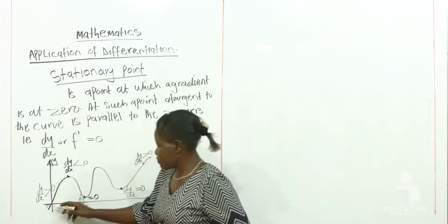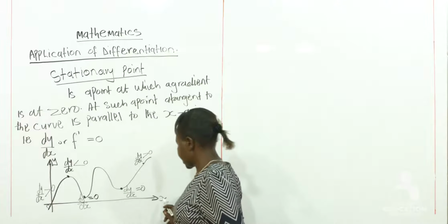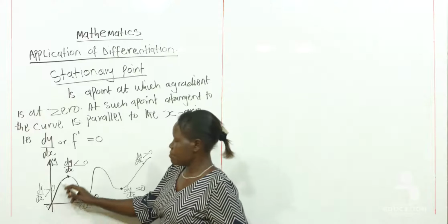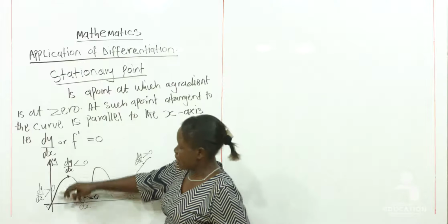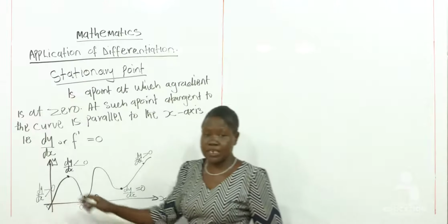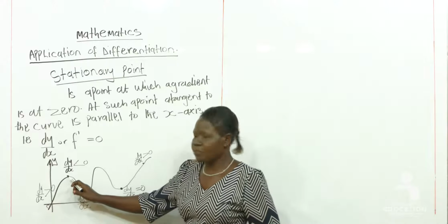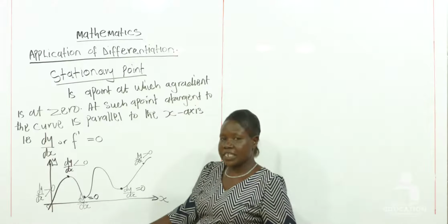So our curve keeps on moving in this form. We have the y-axis and the x-axis. You will start from 0, climbing. This is a point when you are moving up. You'll find that the gradient at this point is greater than 0. And then as you reach a certain point where you can no longer continue up, you begin to slide down.